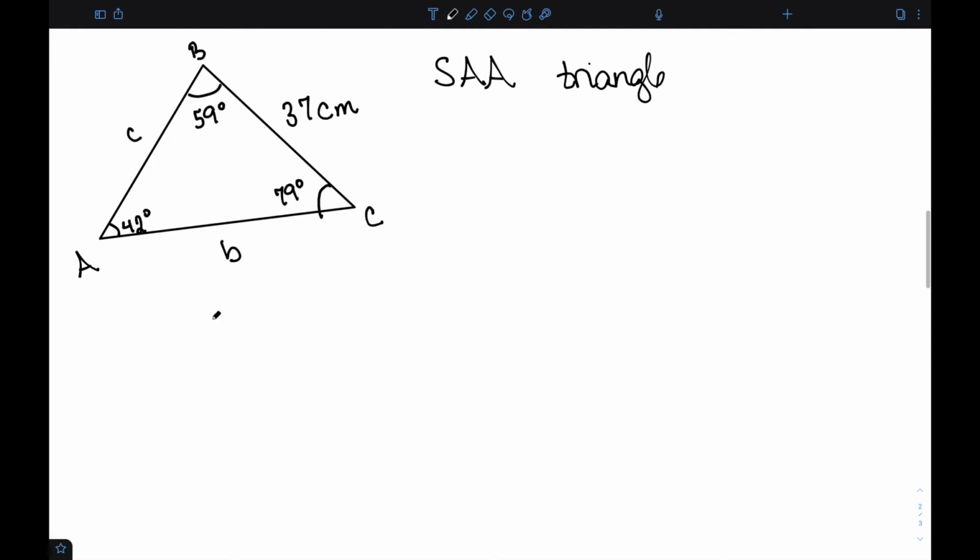Next, I want to look at side b. I know angle A and I know side a. So the law of sines tells me that side a divided by sine of angle A, which is 42 degrees, is equal to the length of side b divided by sine of 59 degrees.